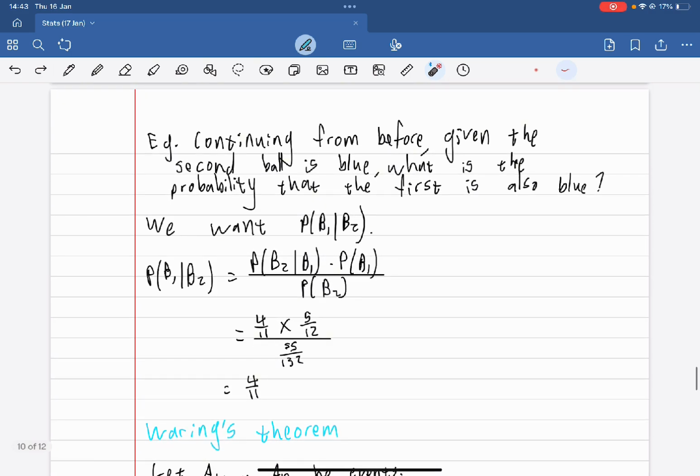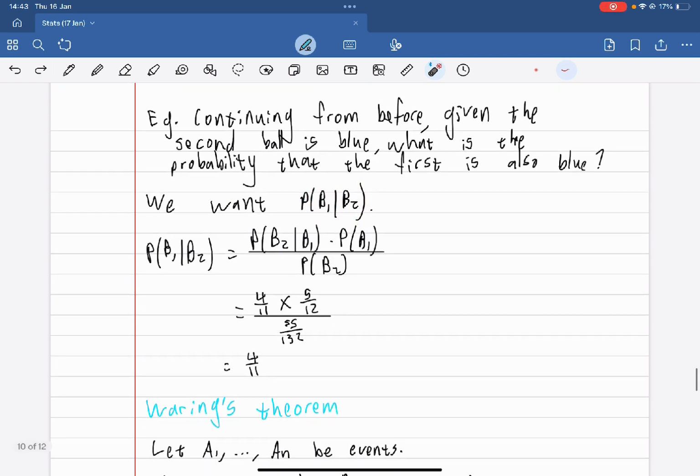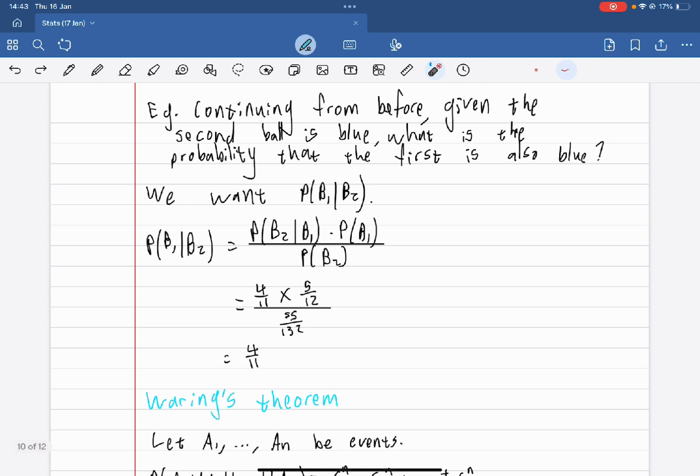So continuing from above, now we are given that the second ball is blue. What is the probability that the first is also blue? So now we want the probability that the first one's blue, B1, given B2. So we can say that the probability of B1 given B2, using Bayes' theorem, for the first one you swap them, so it's B2 given B1 times the probability of B1 over the probability of B2.